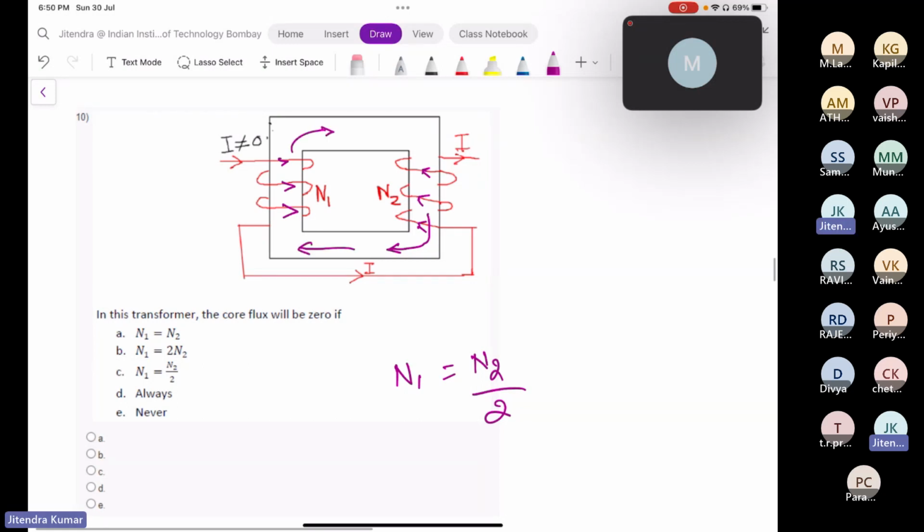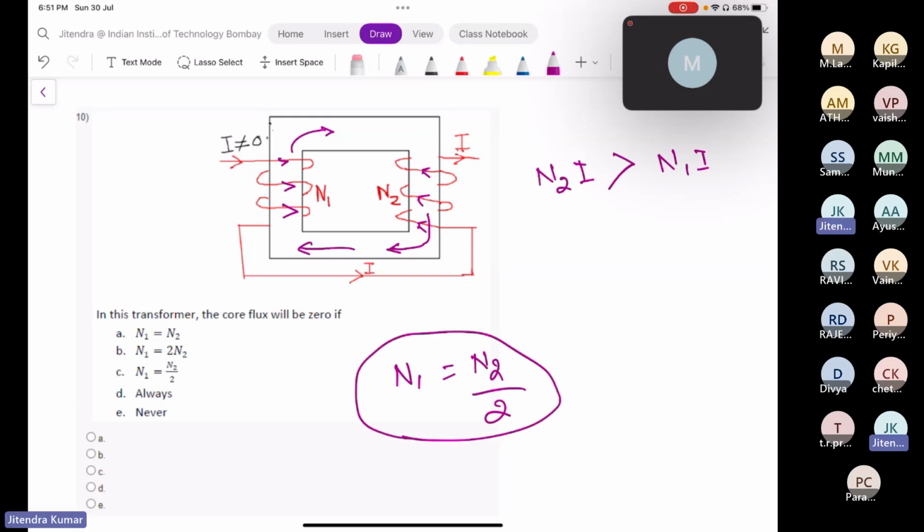It's just that the magnitude of the flux due to the primary winding will be less compared to the secondary winding. The contribution from the secondary is higher than the primary if option C is there. But again, the flux will always flow in the core in the clockwise direction. Did I get your question correctly?